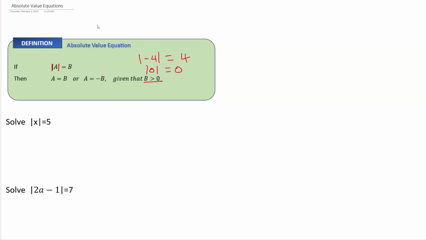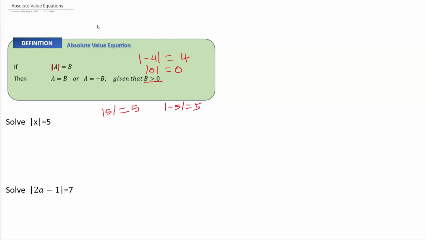Obviously, x could equal 5, the absolute value of 5 is 5. But is there another number that you can take the absolute value of to get 5? Yes, that would be negative 5. The absolute value of negative 5 is also 5.